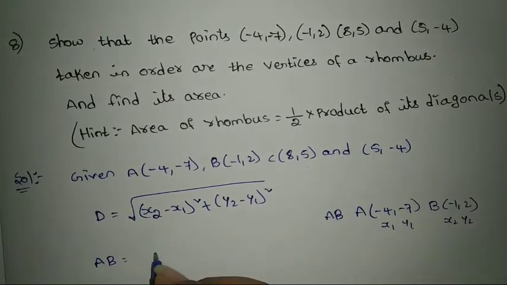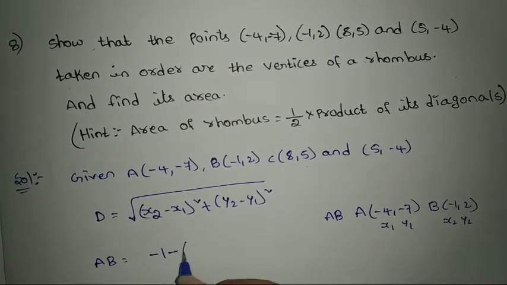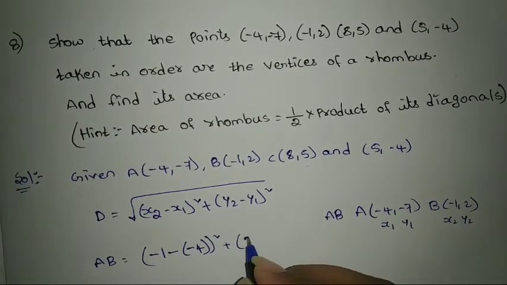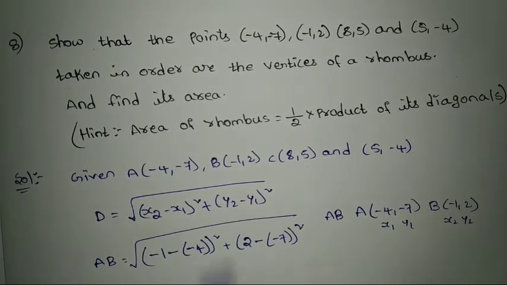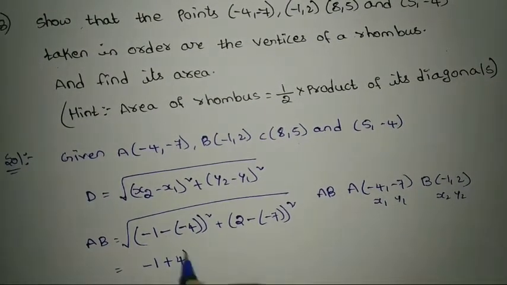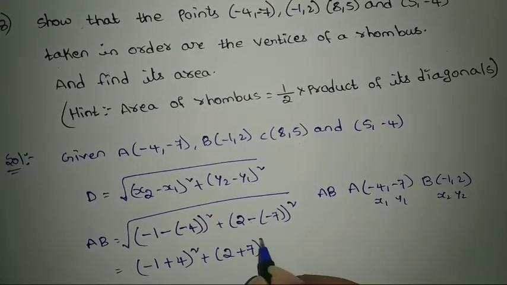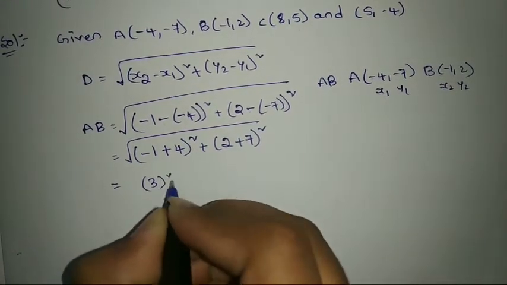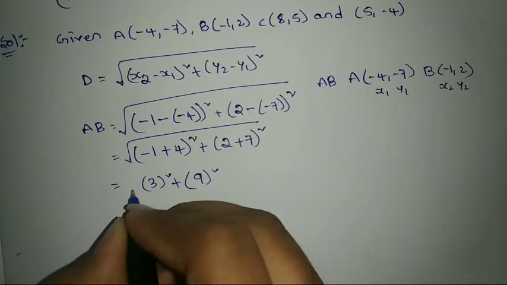AB is equals to minus 1 minus of minus 4 whole square plus 2 minus of minus 7 whole square. Minus 1 plus 4, 3 whole square plus 2 plus 7, 9 square.